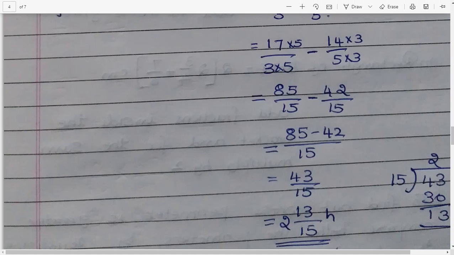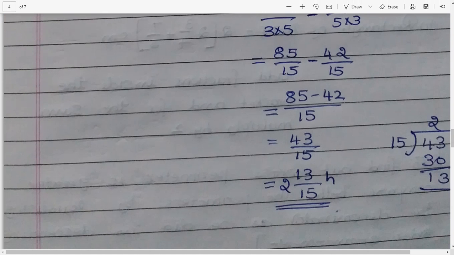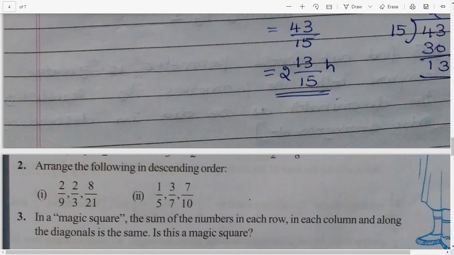An improper fraction can be converted into a mixed fraction by dividing. So 15 2s are 30, nearest product, and remainder is 13. So 2 will go to the whole number place, 13 to the numerator and 15 to the denominator. So 2 13 by 15 hours she gives for other subjects. So these are the 3 example sums I have solved.